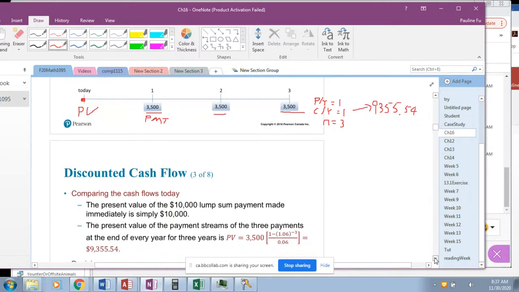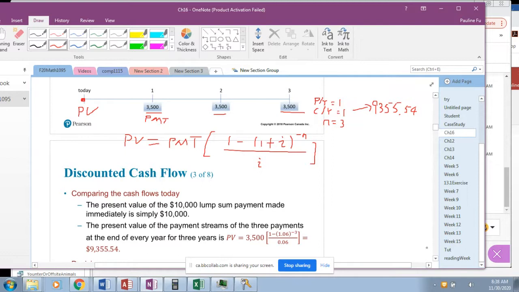The formula for PV for a simple annuity: PV equals PMT times bracket 1 minus (1 plus i) raised to the power negative n, over i.